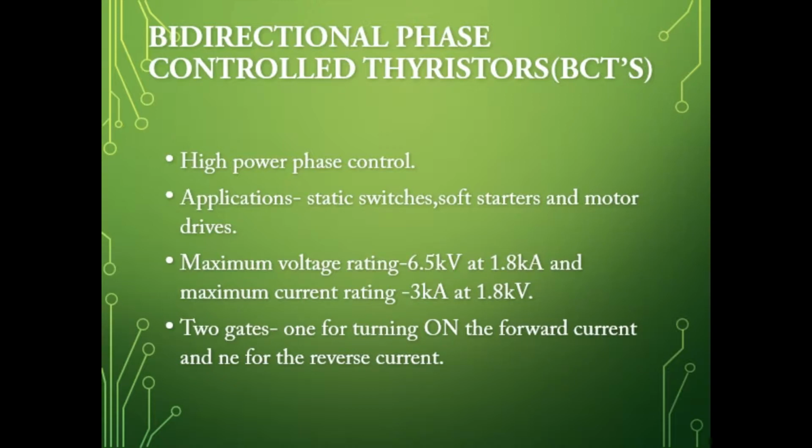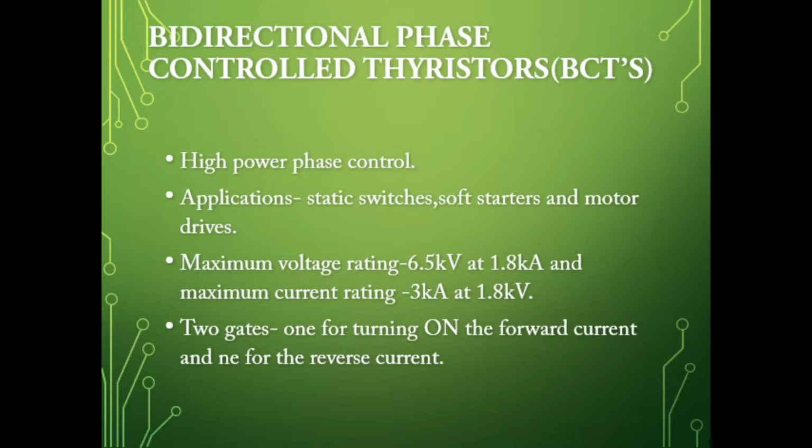The electrical behavior of the BCT is similar to two thyristors connected in anti-parallel, similar to a triac. Each thyristor conducts for half a cycle of the input. We have to see the operating characteristics of both the thyristors connected in anti-parallel.